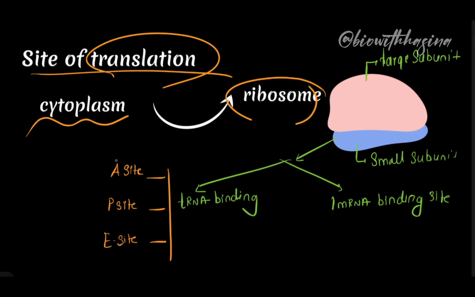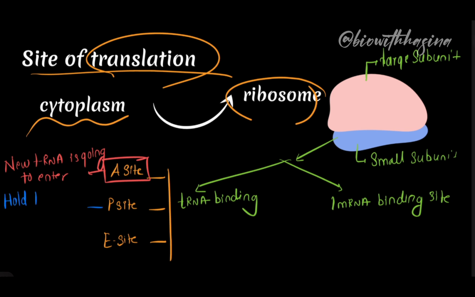This A site is the site where the new tRNA is going to enter. This P site is the site which is going to hold the growing protein chain.